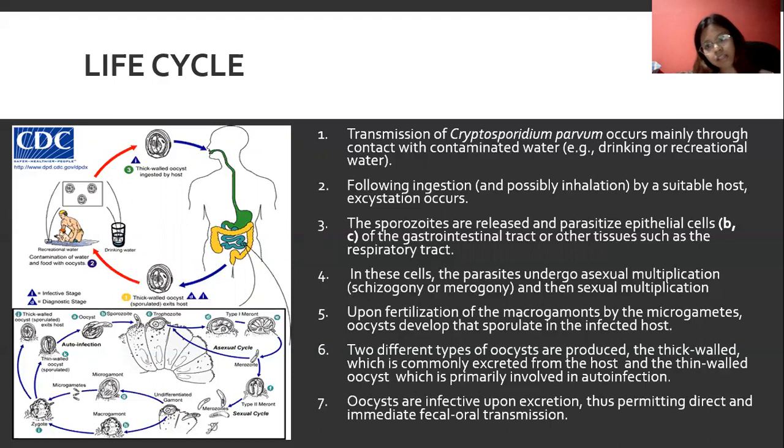Always remember, the thick-walled oocysts are usually excreted in the host, while the thin-walled are primarily involved in auto-infection. Oocysts are infective upon excretion, thus permitting direct and immediate fecal-oral transmission. So it is infectious right away, because once it leaves the human stool, it is already infective.